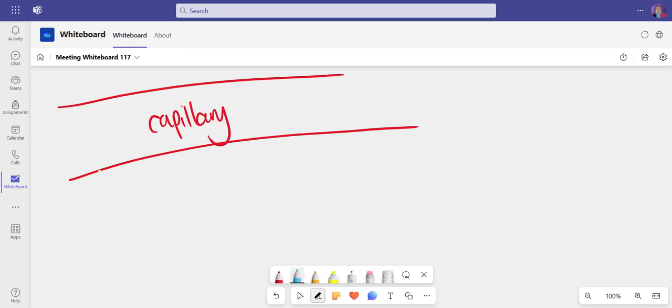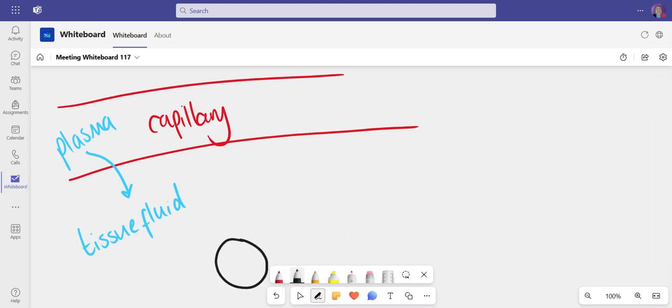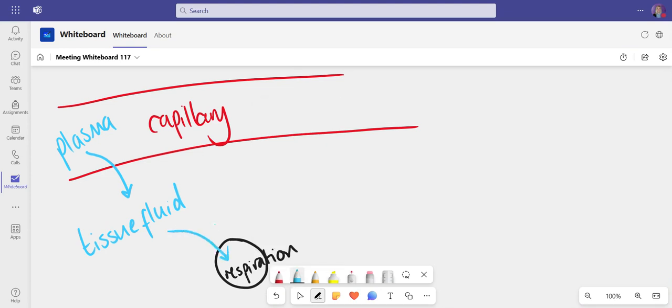At the arterial end, the liquid part of the blood, the plasma, diffused out of the capillary to form a liquid out here, which we call tissue fluid. That brought with it the oxygen and glucose that the cells needed for respiration. So the oxygen diffused into the cell and the glucose.